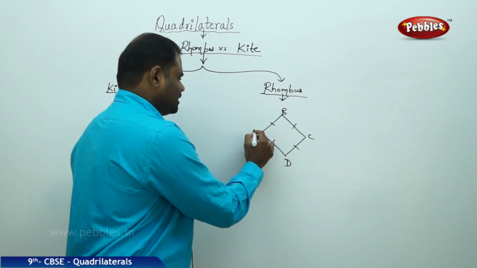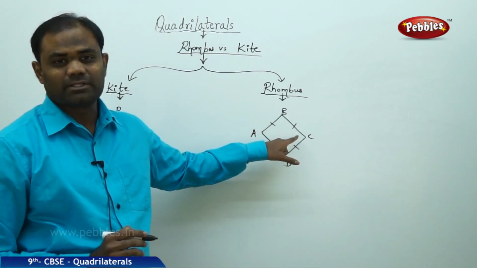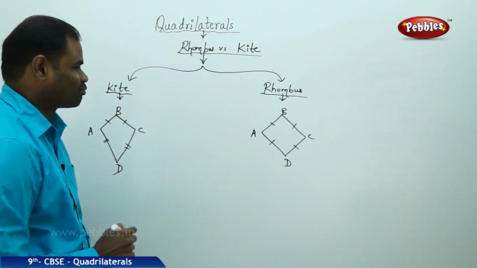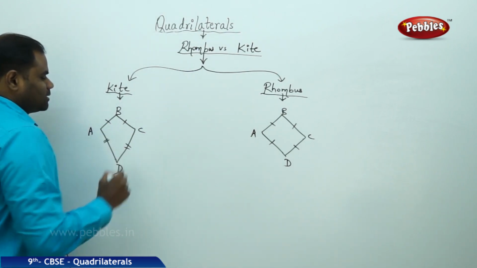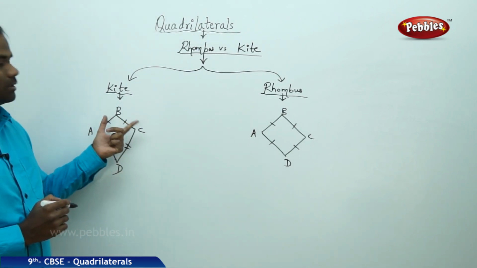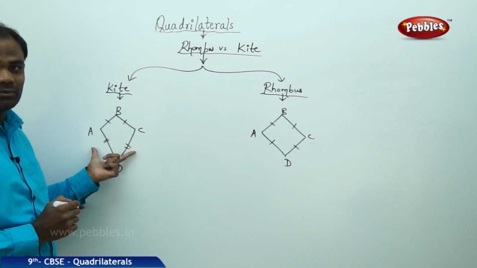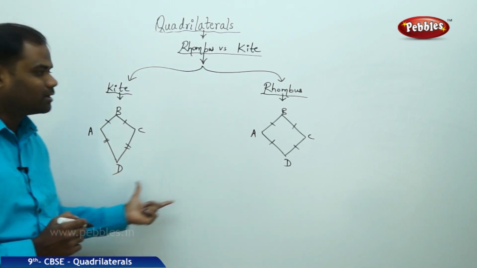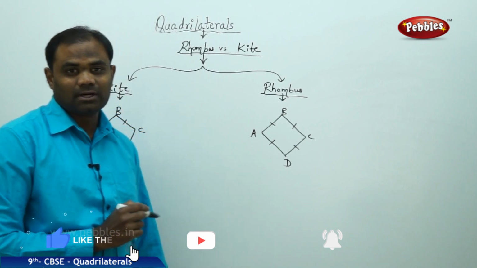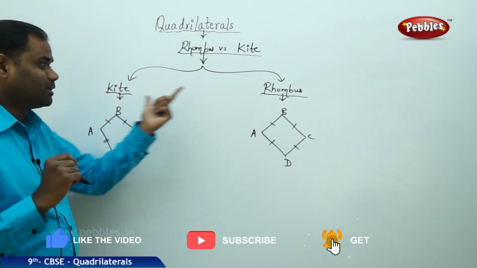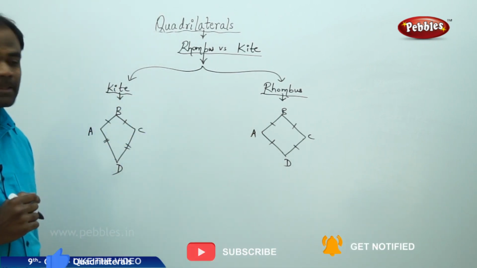Therefore, I clearly understand that this satisfies the properties of a kite. But when I take the kite, all its sides are not equal. Only the pairs of adjacent sides are equal. So this does not satisfy the needs of the rhombus, and that is how we understand the relation between a kite and a rhombus.